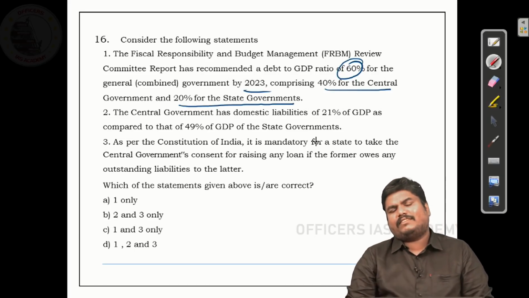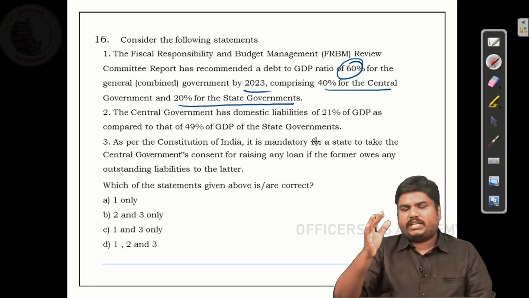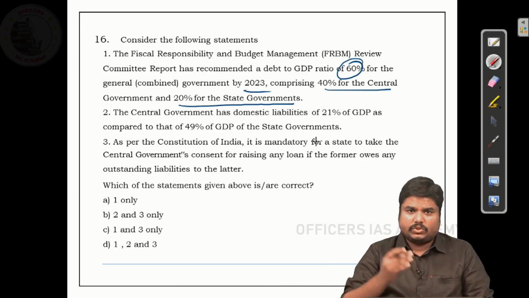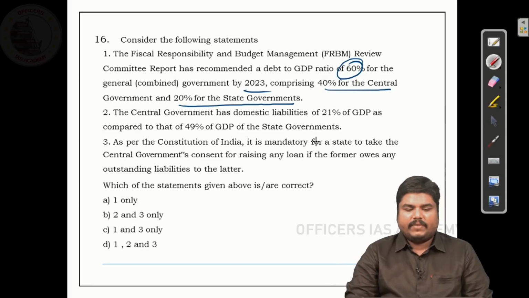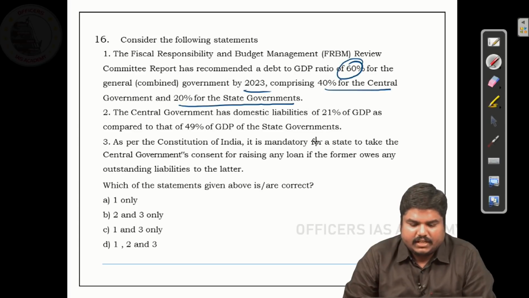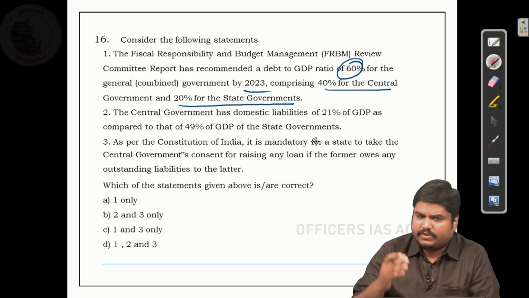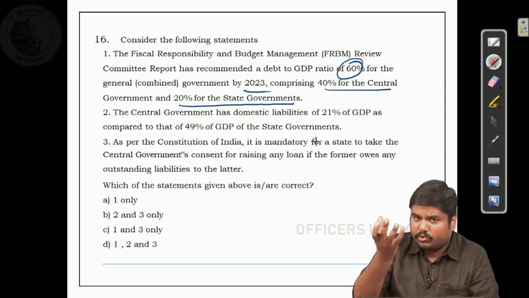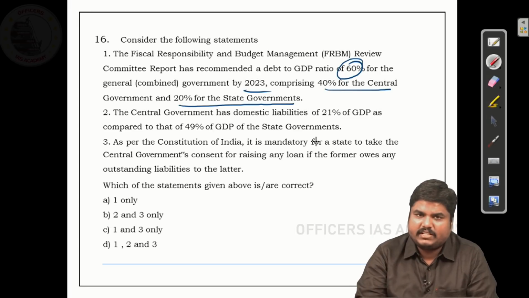So, the N.K. Singh committee says that the overall debt to GDP ratio has to be brought down to 60%, right. So, the debt of 40% for the central government as well as 20% for the state government is one of its recommendations.